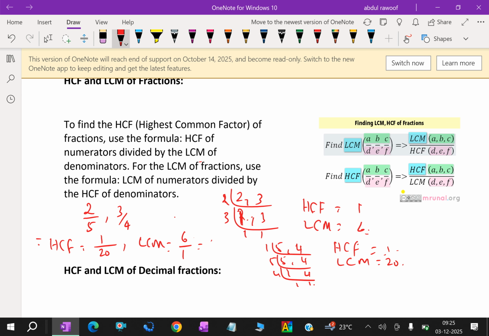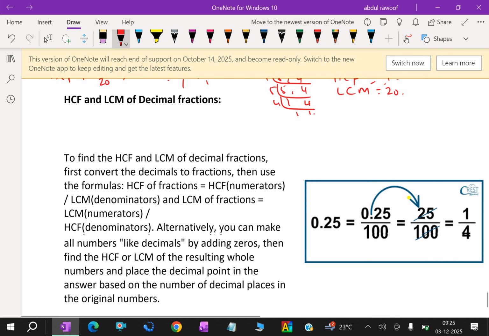So this is the HCF and LCM of the fractions.